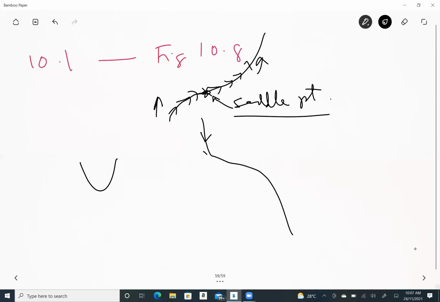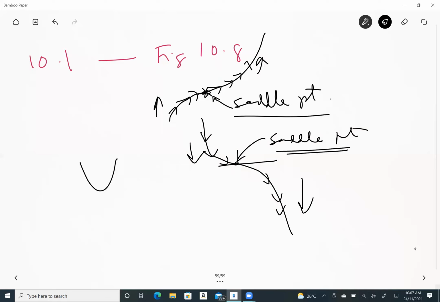It continues to go down, reaching the critical point, right? And after that, what happened? Continue to go down. So it's a saddle point. Okay, a saddle point is a critical point, but it is not the maximum, nor is it the minimum.